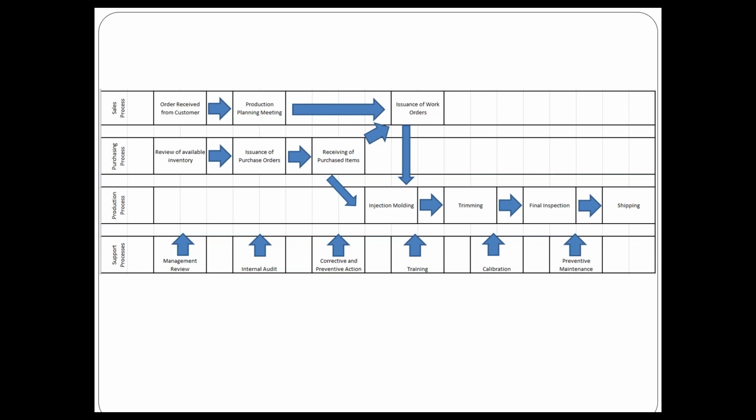Sales is triggered by receipt of orders from customers, and purchasing is triggered by a regular review of available inventory. They kind of meet in the middle with the issuance of the work orders, which in turn triggers the production process, which, as we can see, has some unique subnames called out here. We have injection molding, trim, and so forth. And in this model, shipping is considered a portion of the production process rather than a standalone activity, which is perfectly permissible.